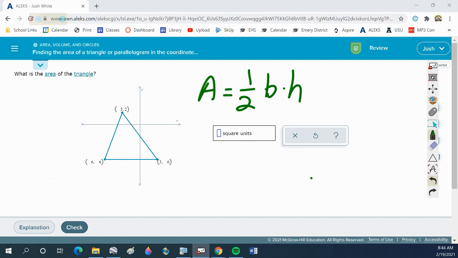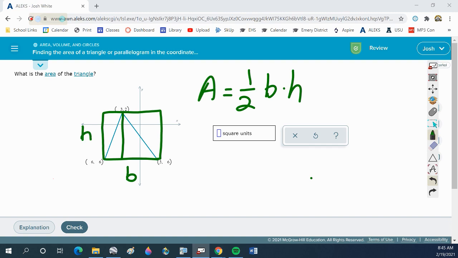So the area is half of the base times how tall it is. And there's a really easy way to remember this formula. So everybody pay attention to this. If I built a rectangle around this, then the area of that rectangle is base times height, right?